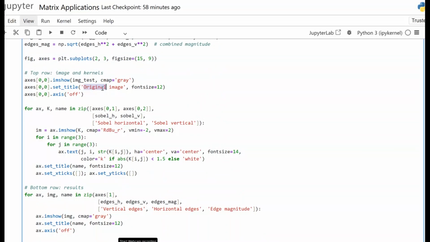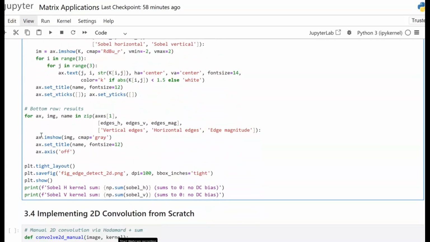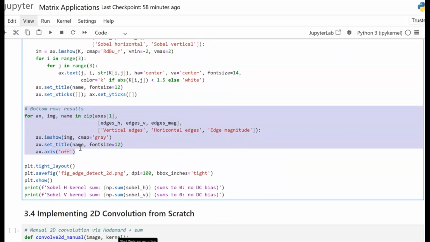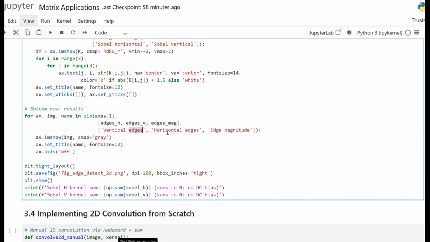It is displayed with color coding, positive versus negative weights, and of course we also have numerical annotations. And next, we have the bottom row: vertical edges, horizontal edges, and edge magnitude.